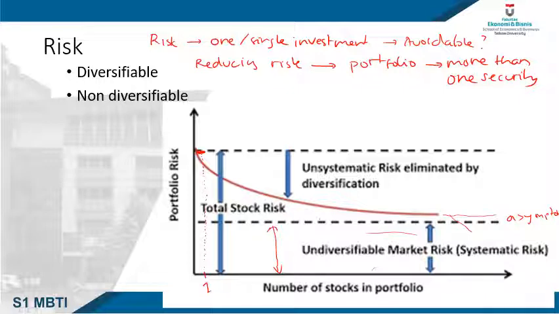So it cannot be avoided, but we will be facing that minimum risk. Yeah, we would like to face the minimum risk of a country. So that minimum risk is called the undiversifiable market risk, or with a simple word, systematic risk. Okay, so this systematic risk is given. So we make a diversification through a portfolio because we want to eliminate the unsystematic risk over here. So it goes almost near to the systematic risk.